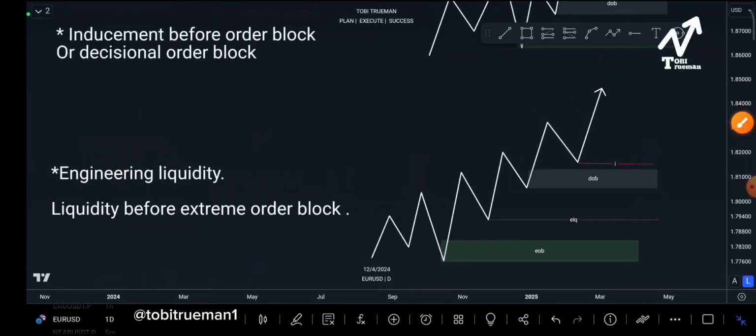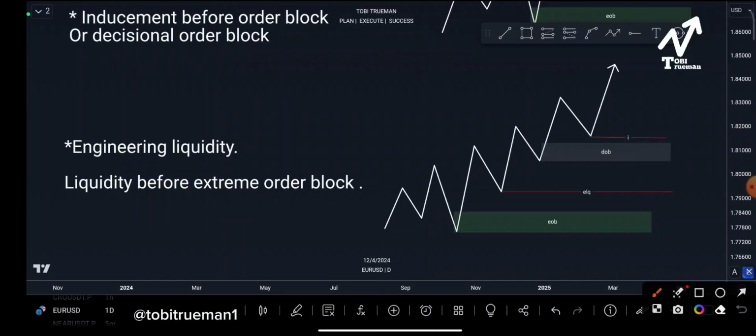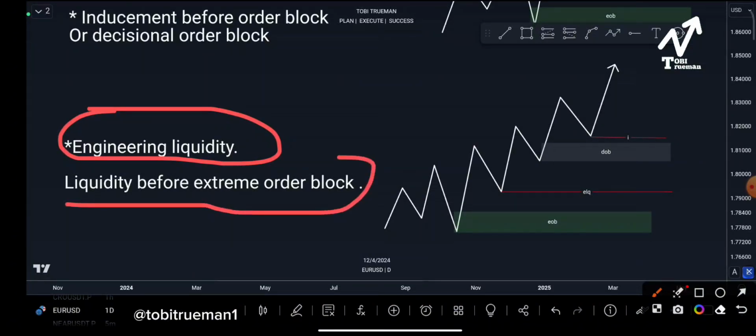Then the other type of inducement we'll be talking about is engineering liquidity. Engineering liquidity is the liquidity before the extreme order block. Like I mentioned before, when there is more than one order block in the market structure, this is a full market structure.